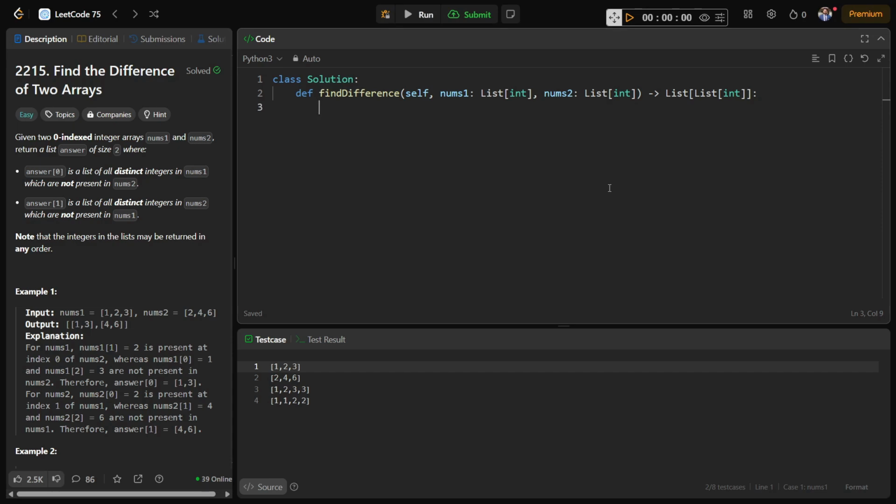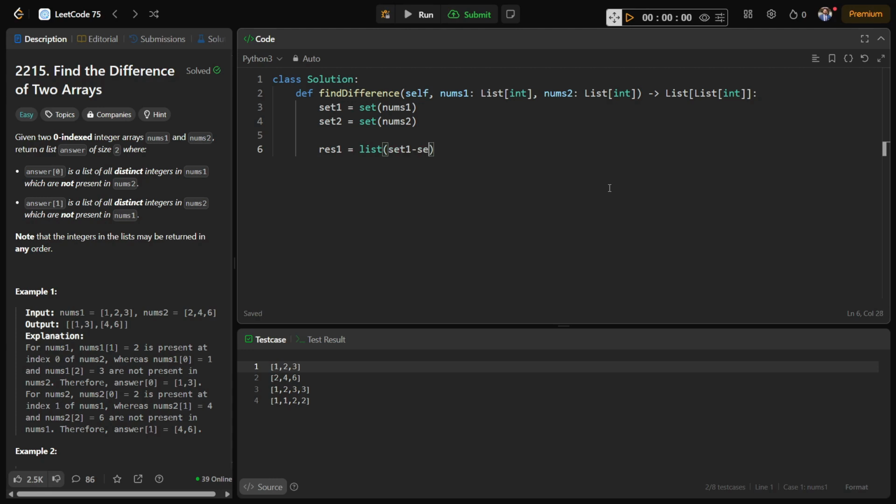So what we did first, we created set1, converting nums1 into a set, then set2, converting nums2 into a set, then result1, converting the set into a list, and doing what?